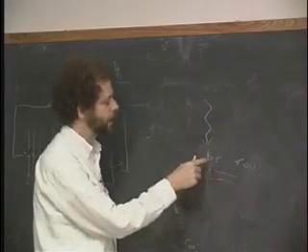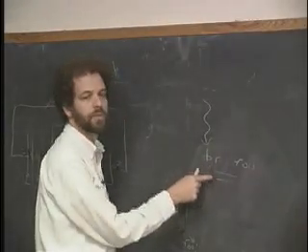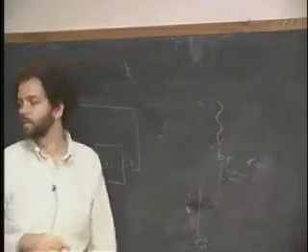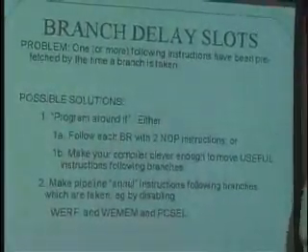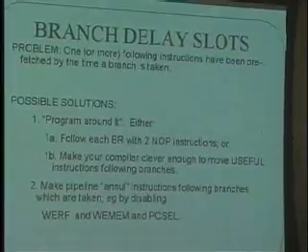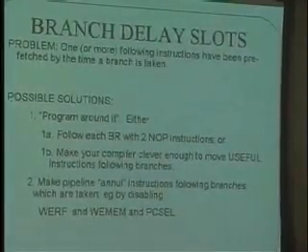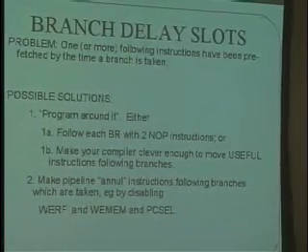Okay? In other words, here's where we're steering to, but we stumble on and we do these 2 anyway. And the question is what to do about that. Branch delay slots, that's what these things are called. Because in fact, branches are delayed a little bit compared to where they used to be. 1 or more of the following instructions have been prefetched by the time that a branch is taken.